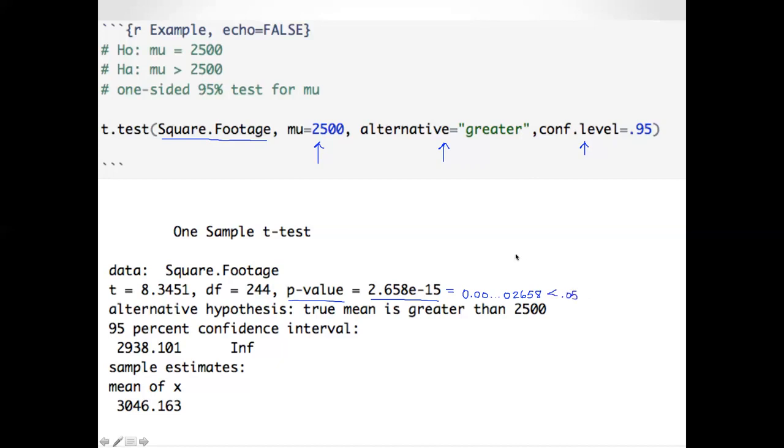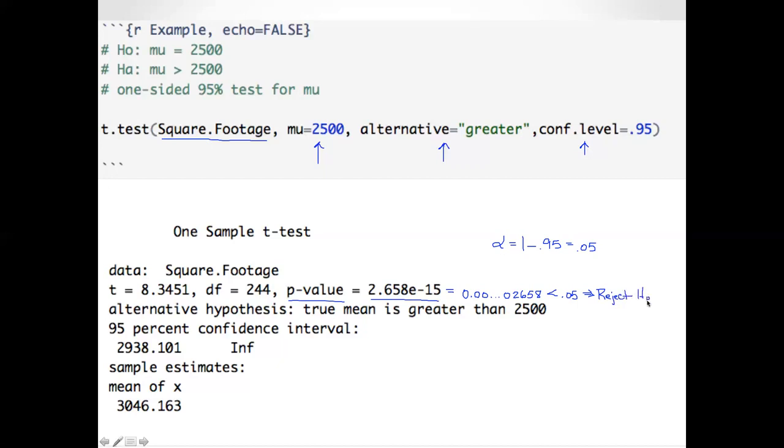And the alpha level for a hypothesis test may be determined by 1 minus the confidence level. So 1 minus 0.95 is how we arrive at that alpha of 0.05. If the p-value is less than alpha, then that indicates that we should reject the null hypothesis.